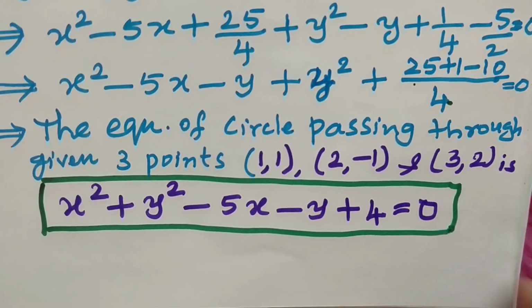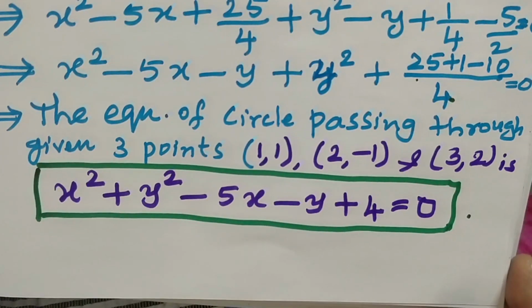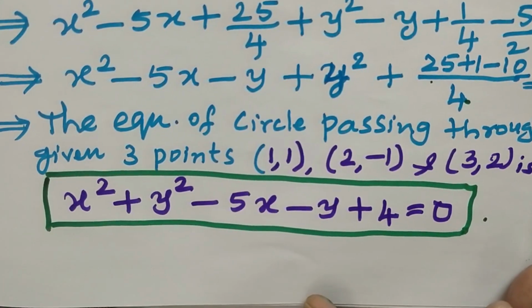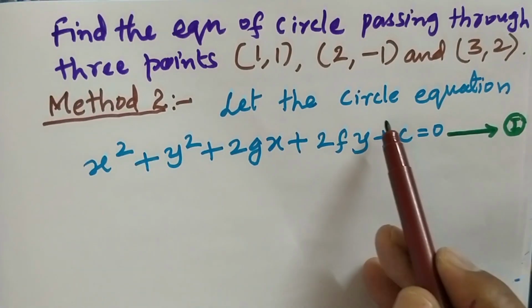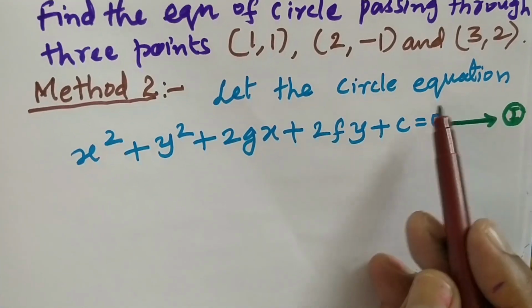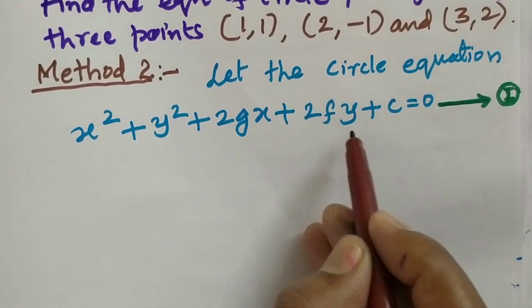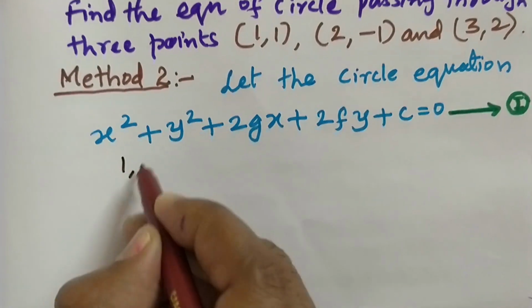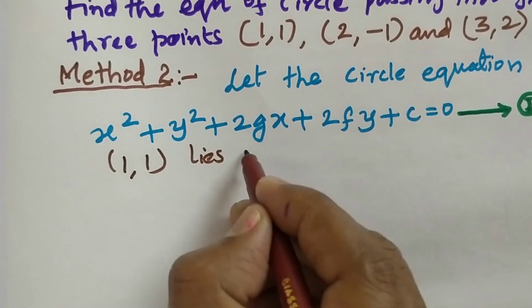Now you are going to learn the second method, that is by using the general equation of a circle. Here you have to take the circle equation in the general form: x square plus y square plus 2gx plus 2fy plus c is equal to 0. The first one is 1, 1; the point 1, 1 lies on the circle.